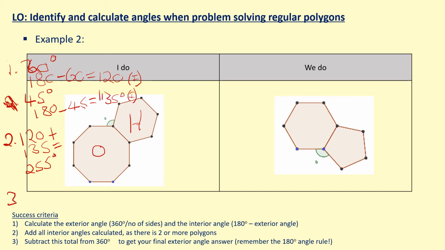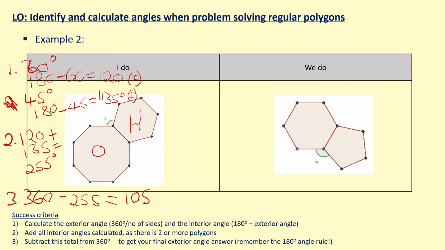Now for step 3, like we did in the last slide, we subtract that 255 from 360 degrees. Remember, 360 for all polygons, and that's going to equal 105.